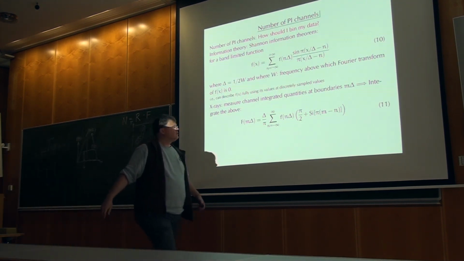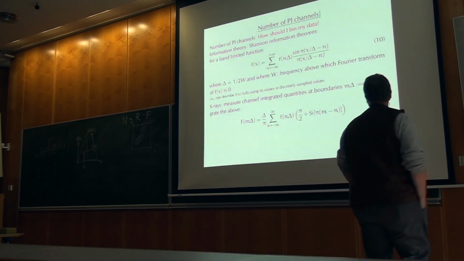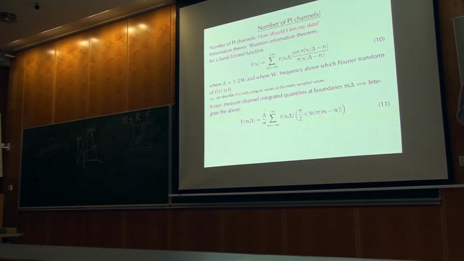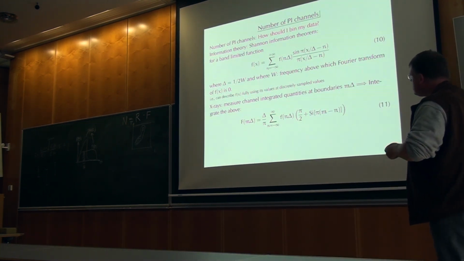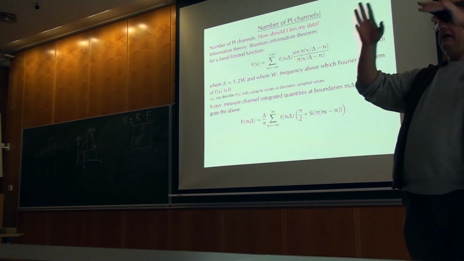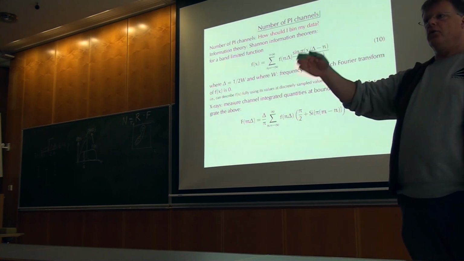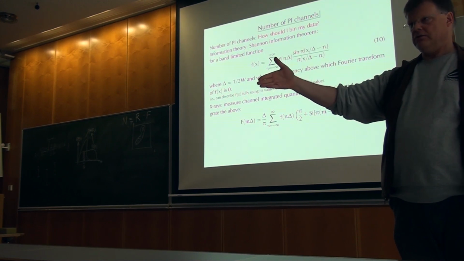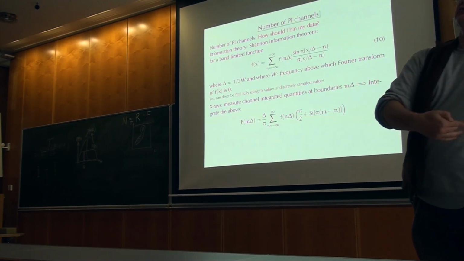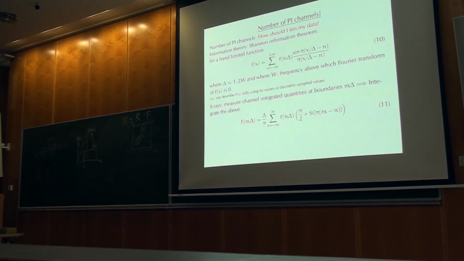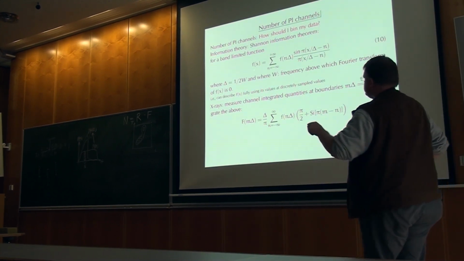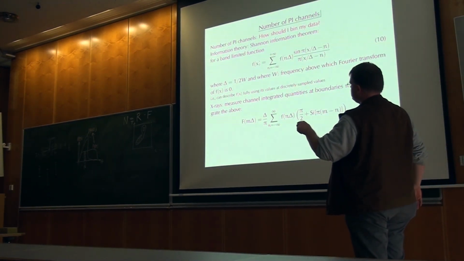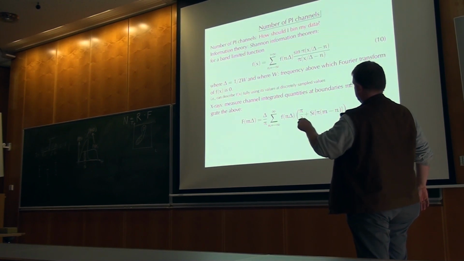And the answer to this is effectively given by information theory. If you have a so-called band-limited function, a thing whose Fourier transform is 0 outside of a certain band, which is the case for most physical functions, Shannon showed that you can describe a function f of x by this weird sum here.